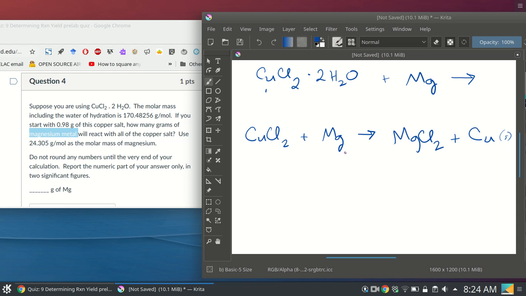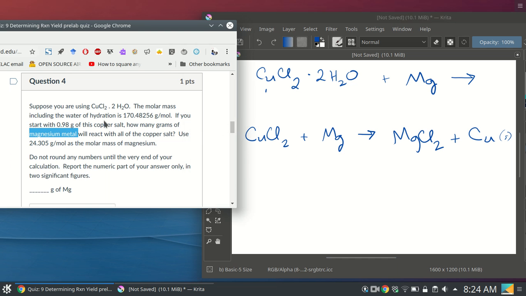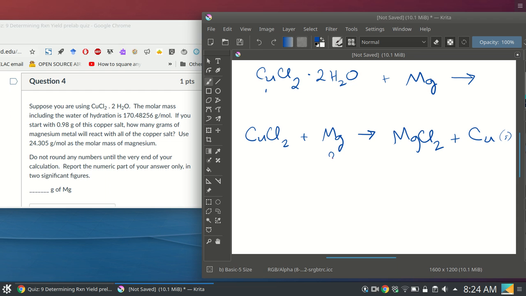It's already balanced. So now that it's balanced, I can start the calculations. It says that I've got 0.98 grams of the copper salt, which is copper 2 chloride. So how many grams of magnesium metal will react with all of it? How many grams of this will react with 0.98 grams of this?